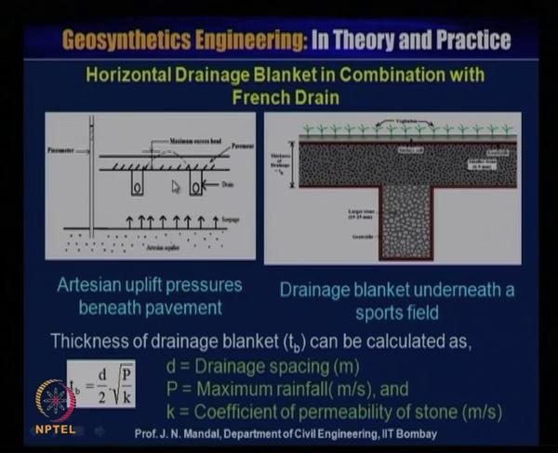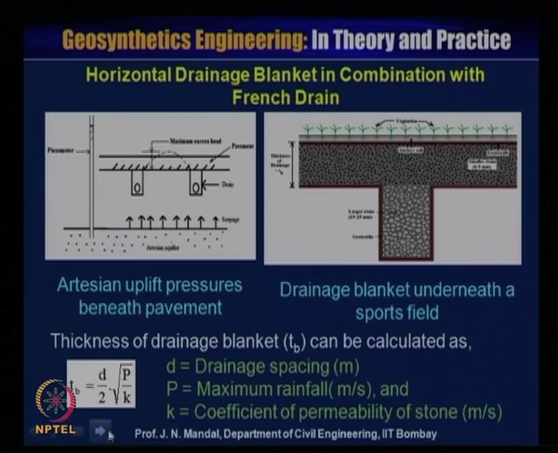So you require a proper kind of geosynthetic engineering system. Now we have to calculate what will be the thickness of the drainage blanket, that is TB. So TB can be expressed with this equation.